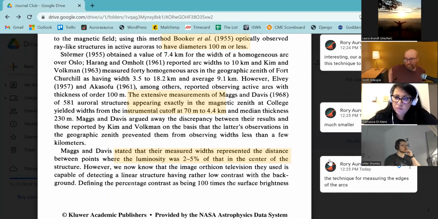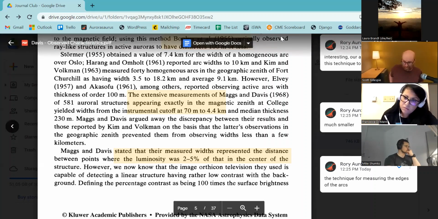So that's another good point that he gets into in this next paragraph, where they're talking about how they are technically measuring the peak of the arc. Because in order to get this width, if you picture the arc in your picture and convert that in your head to luminosity or something, you're going to get some kind of peak.